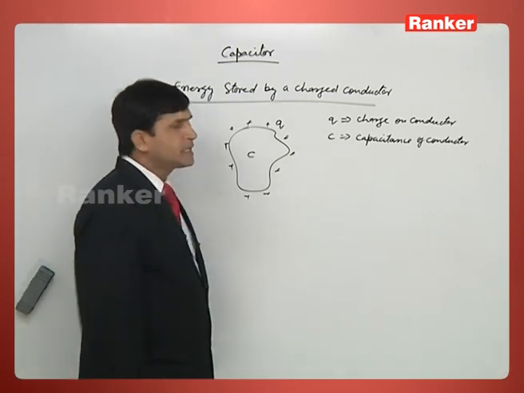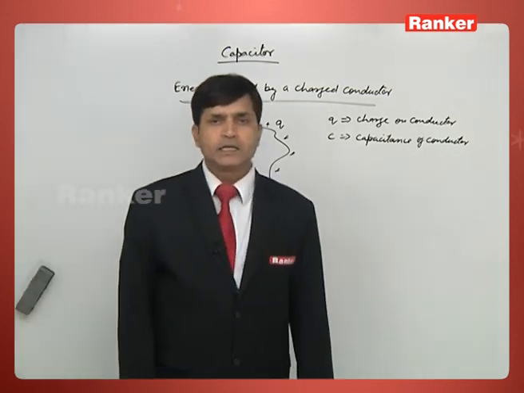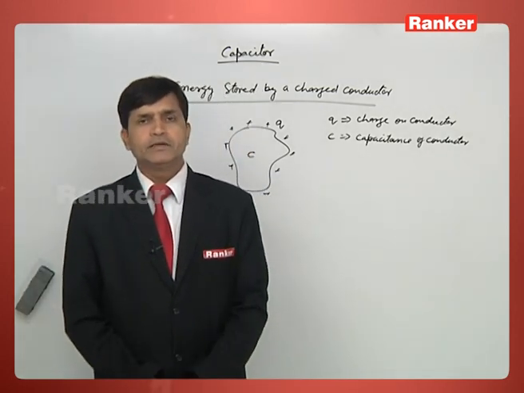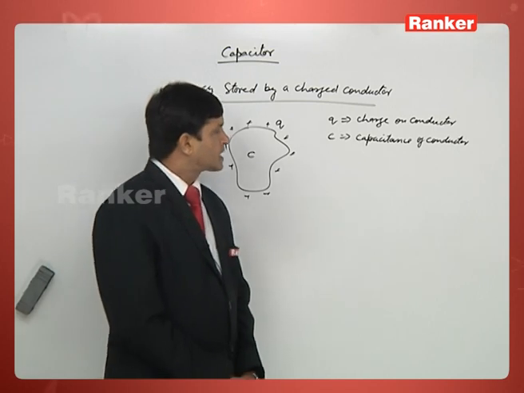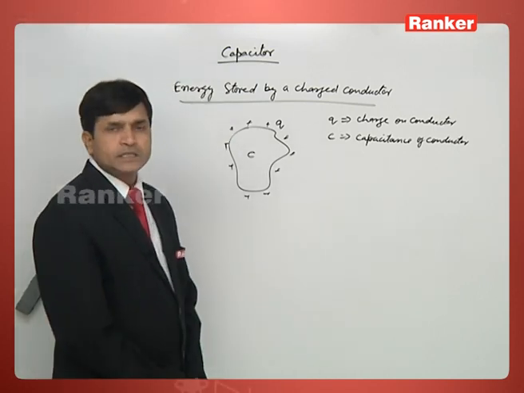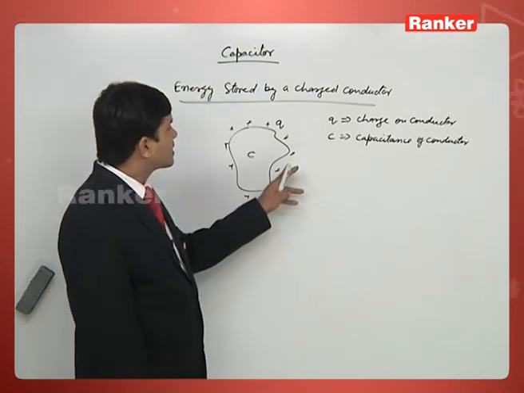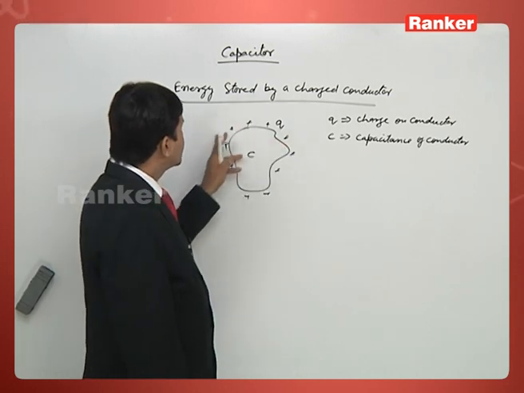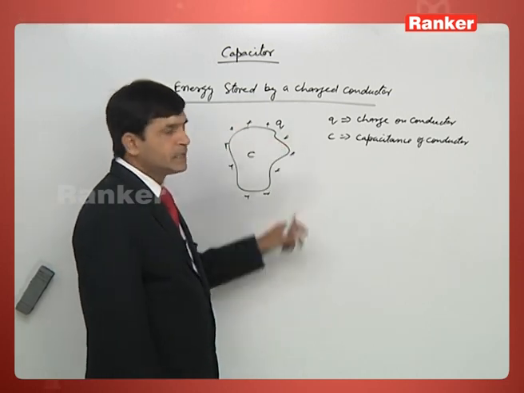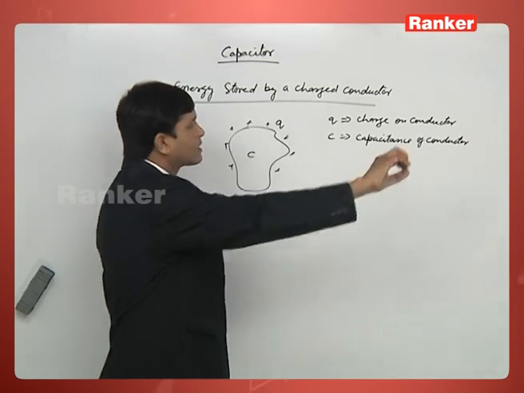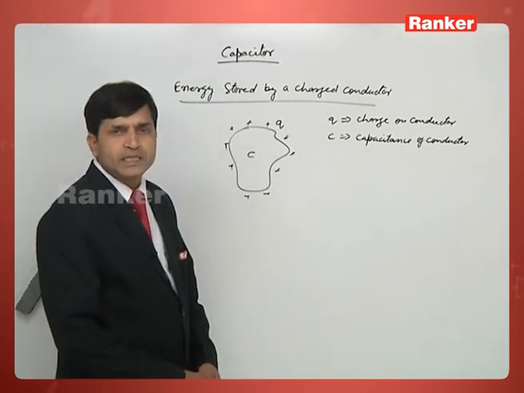In normal condition, all of the conductors are neutral. Neutral means they don't have any excess electron or deficiency of electron. So when we say the conductor is positively charged, it means some of the electrons have been taken out from the conductor.